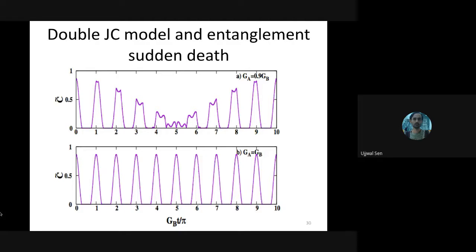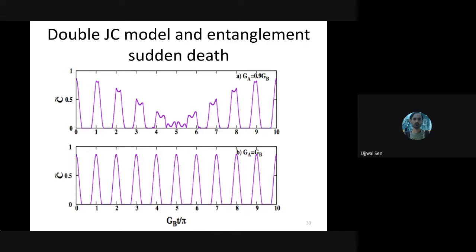Now, the important thing in the bottom figure is that at a time around, let's say, 0.2, you see that the entanglement abruptly becomes 0. Abruptly in the sense that the derivative of the curve is discontinuous. It suddenly becomes 0.